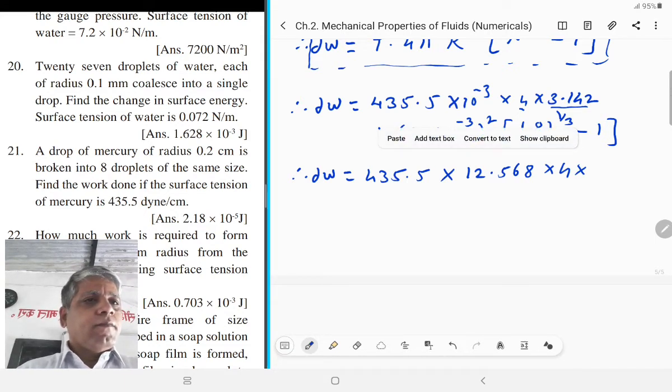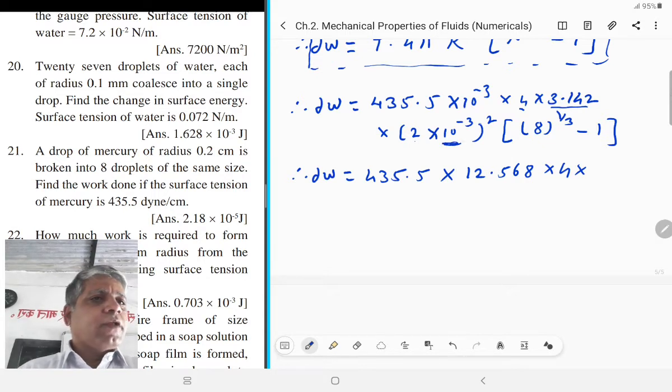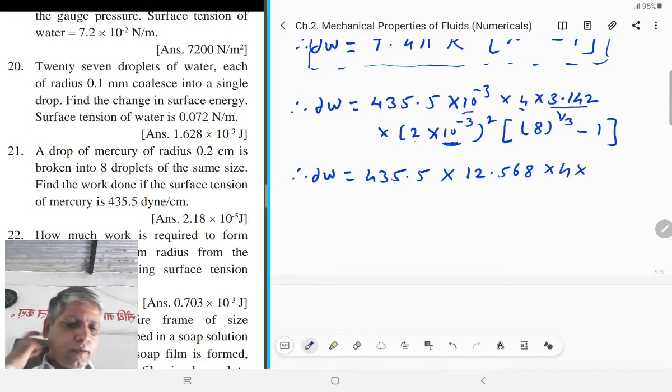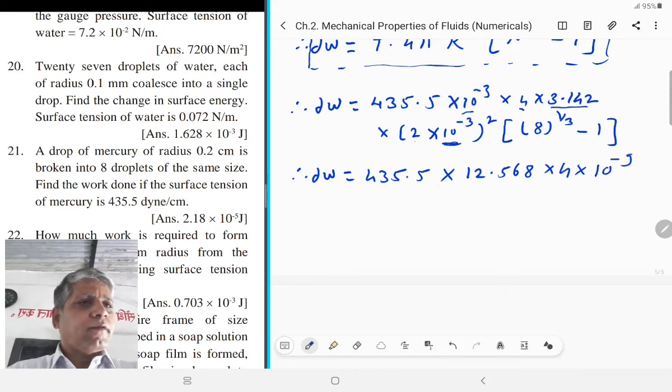Here this is 10 raised to minus 3 square means 10 raised to minus 6, and this 10 raised to minus 3, that is equal to 10 raised to minus 9.